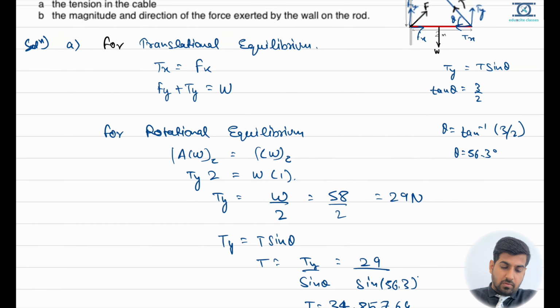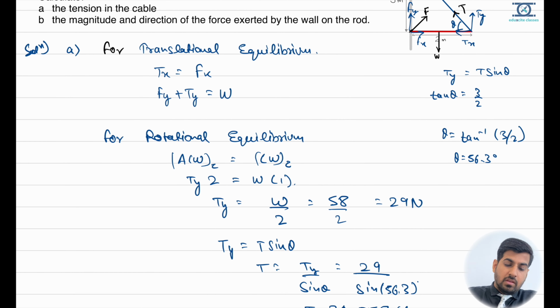Similarly, now if you look at the B part, the magnitude and direction of the force exerted by the wall, we have to find the force F and the angle theta as well. For that we should know Fx and Fy.